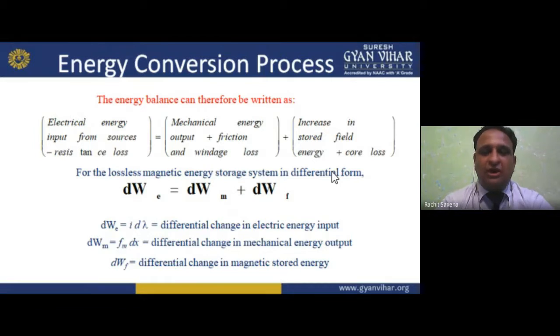Now converted into mechanical energy output, as we all know, plus friction and windage loss, plus increase in stored field energy, that is core loss. And core loss, I already told you, has two types: eddy current and hysteresis.